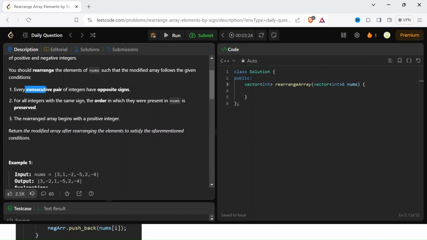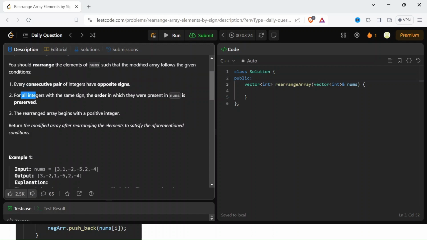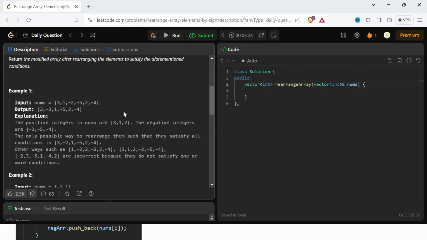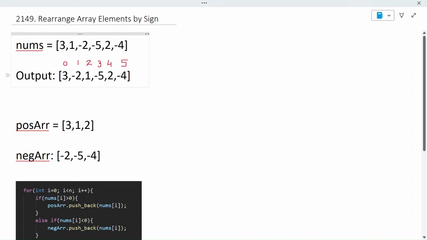One is that every consecutive pair should have opposite signs. For all the integers with the same sign, the order in which they were present in nums is preserved. Let's see with an example. We are given an input nums 3, 1, minus 2, minus 5, 2, and 4, and the output is 3, minus 2, 1, minus 5, 2, and minus 4.